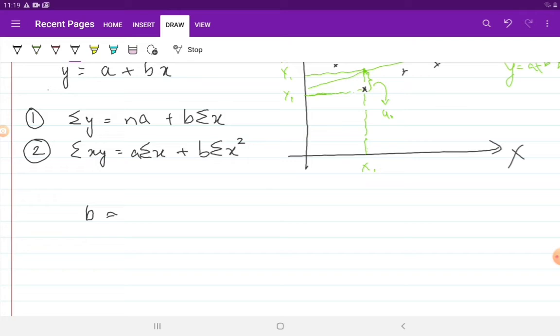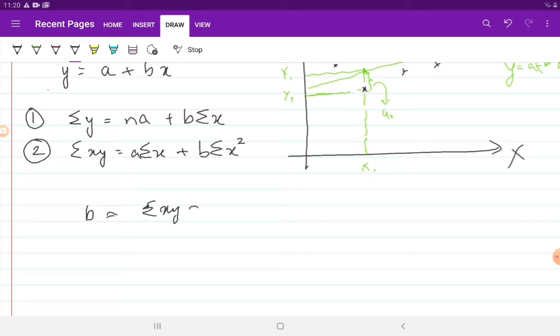I can write it as summation xy minus summation x by n, summation y by n, that is x bar and y bar. Sorry, let me just edit that.